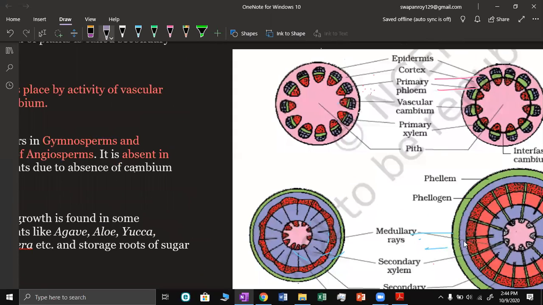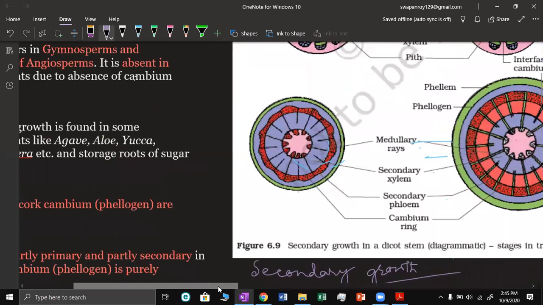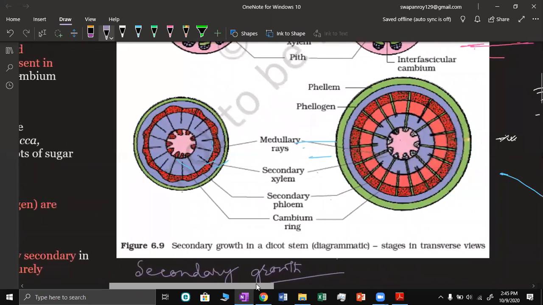Gradually this cambial ring is pushed outward as the tissue is produced on the inner side, and in the cambium new cells are also added so that the cambium ring remains continuous.